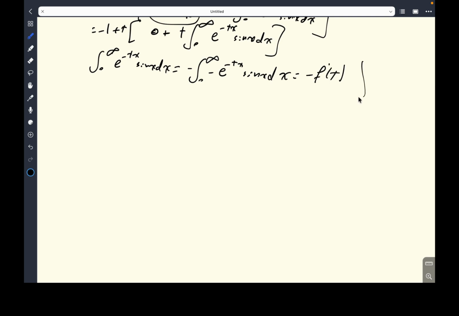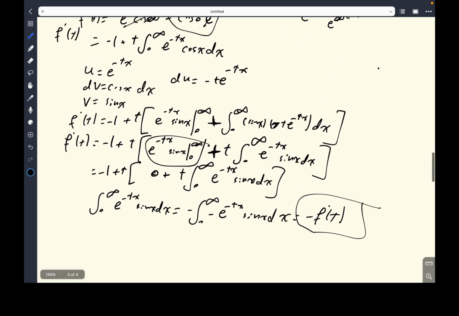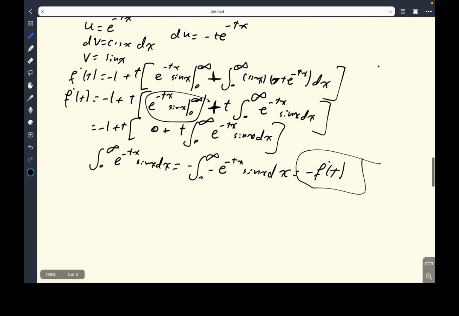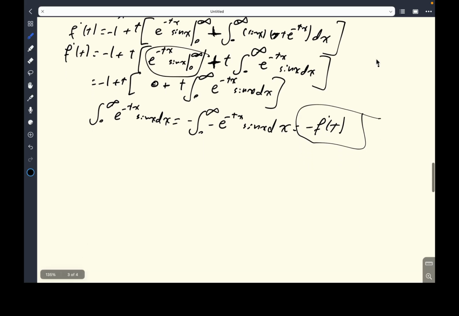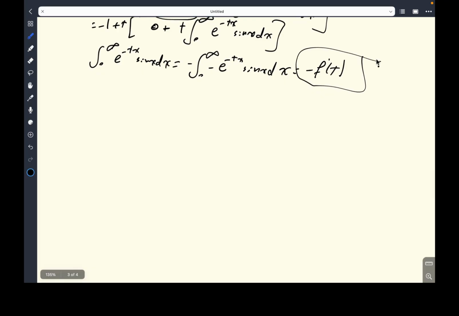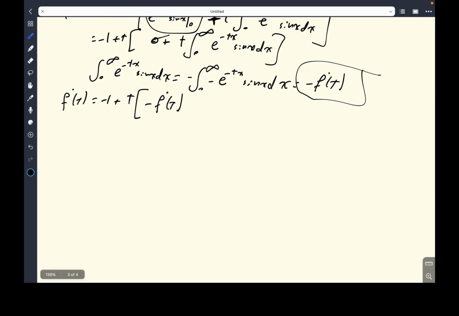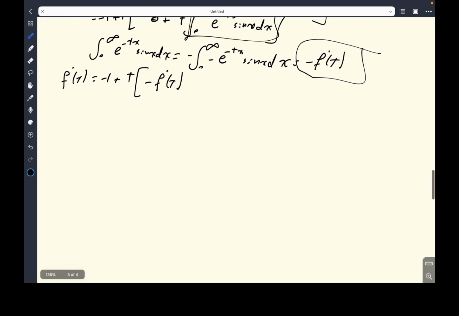That was why I got confused, because I'm solving this thing from my head. It should have resulted in a negative here, which now does make sense, because it should have been negative f prime of t. So now f prime of t is negative 1 plus t times negative f prime of t, because this is going to be 0, and this whole integral here is going to be negative f prime of t.